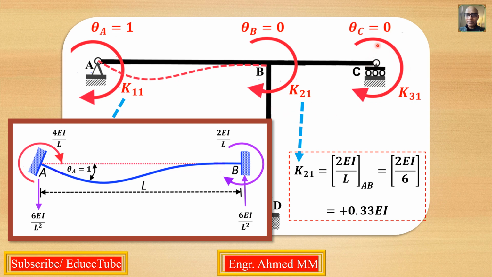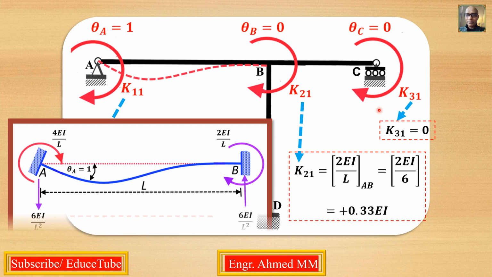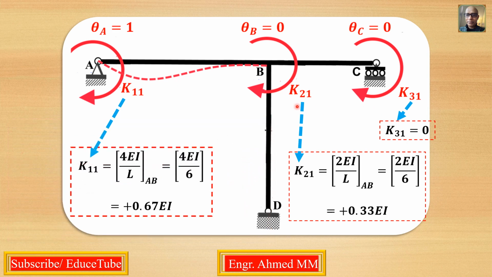So here K31 surely will be 0. So we got 3 structural stiffness matrix coefficients K11, K21, K31, and these 3 are the first column of the 3 by 3 matrix.